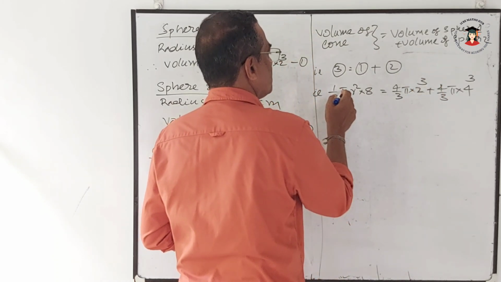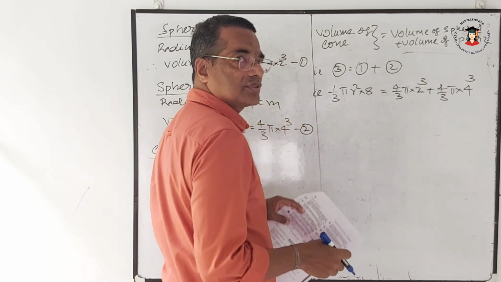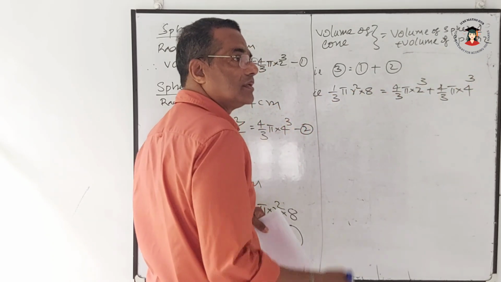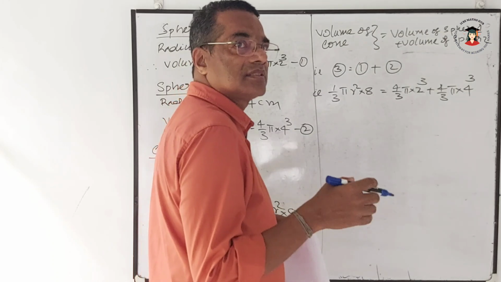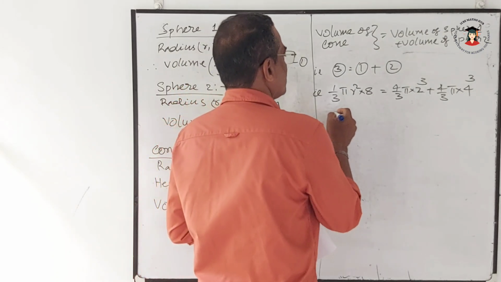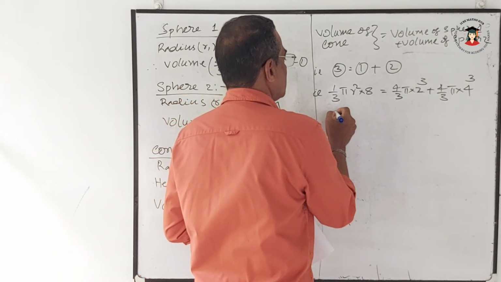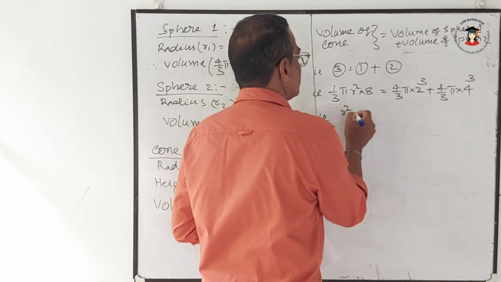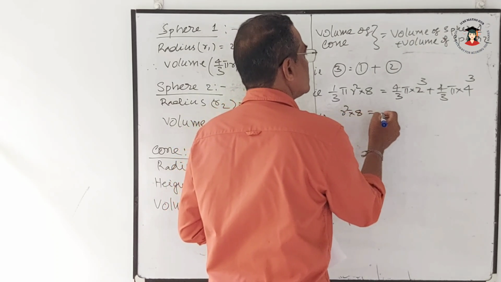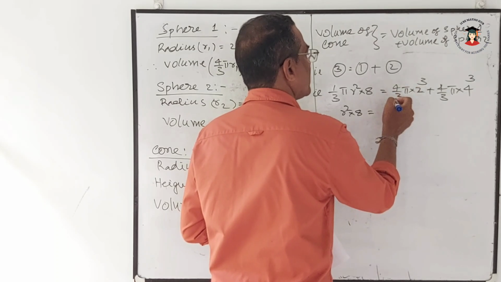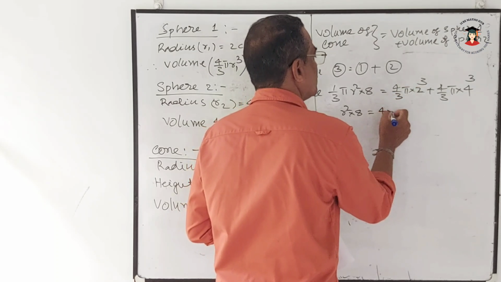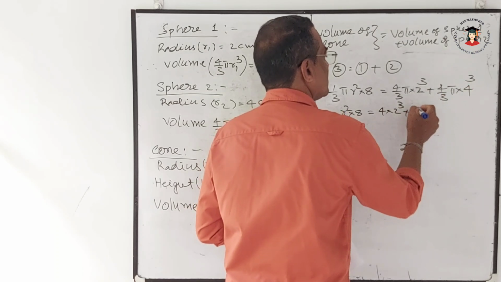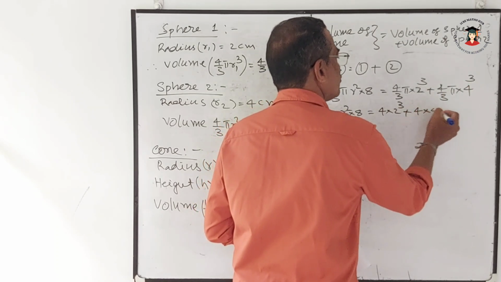See, pi/3 is common in all these terms. If I divide the whole equation by pi/3, it will get cancelled from each term. Therefore, the remaining will be r square into 8 equal to 4 into 2 cube plus 4 into 4 cube.